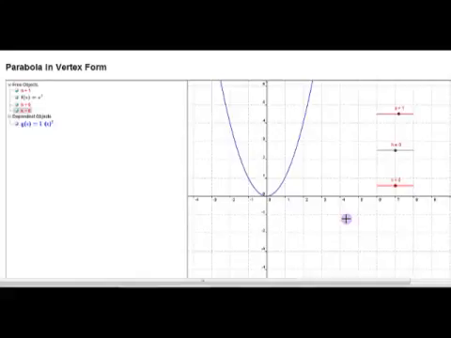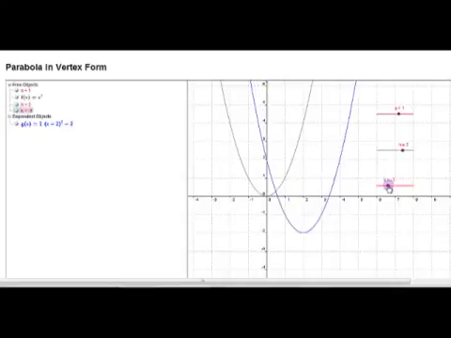Let's say that we want a parabola that has been shifted to the right 2 spaces. So we make our h 2. So the equation is x minus h, which is 2. And let's say we want to shift it down 3. So we would make k a -3.